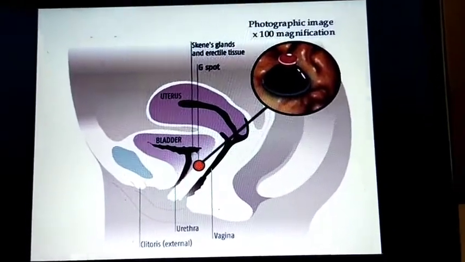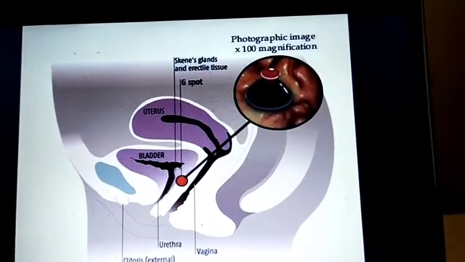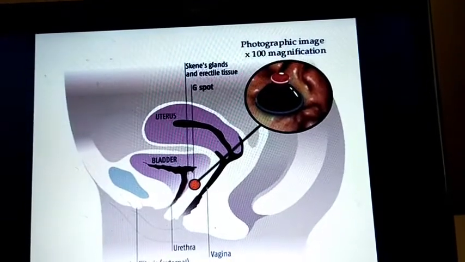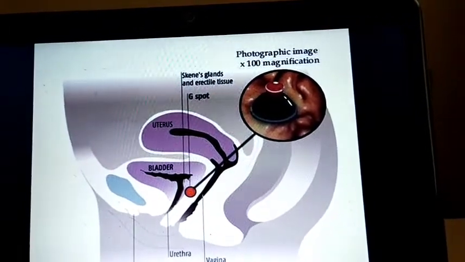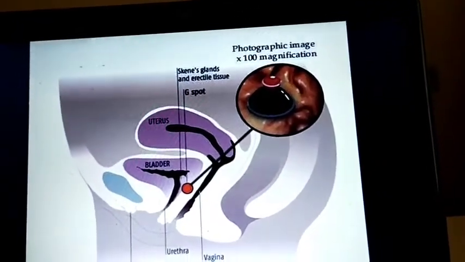In the female, some say that she does not have the prostate, but some say the Skene's gland works like a prostate.